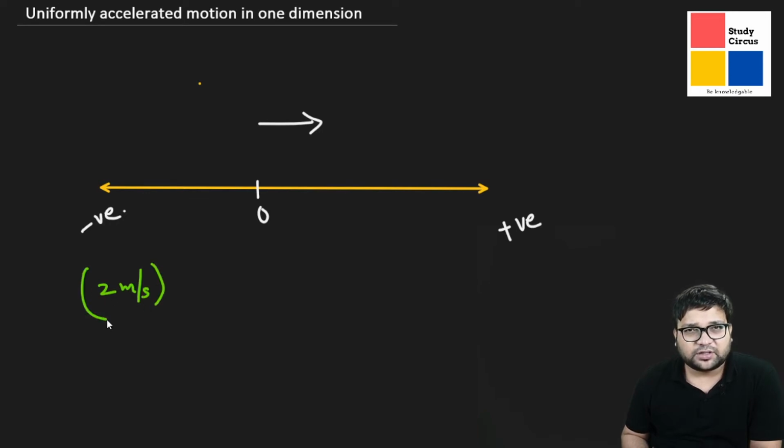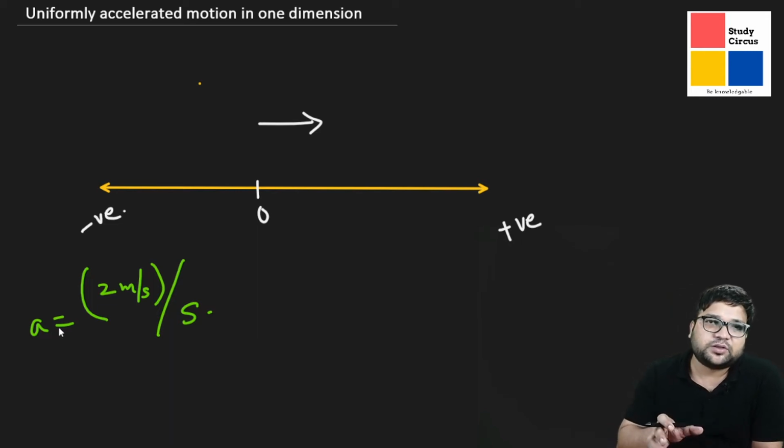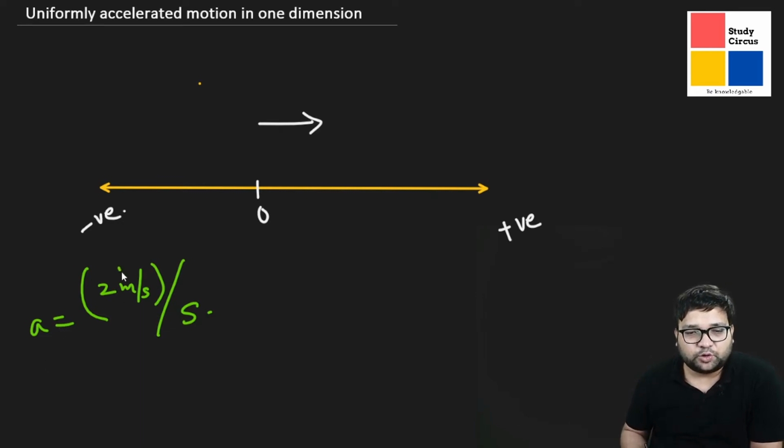This much change in speed happens every second. So this is the acceleration. Acceleration, magnitude wise, is the amount of change in the velocity or the speed in a unit time, right? So 2 meter per second worth of change happens every second.